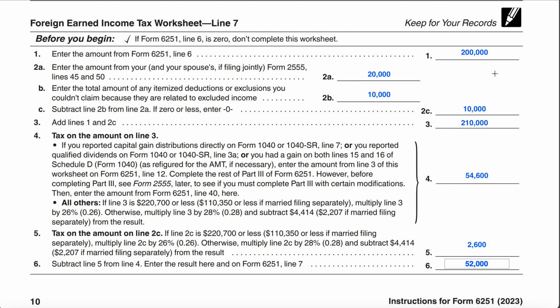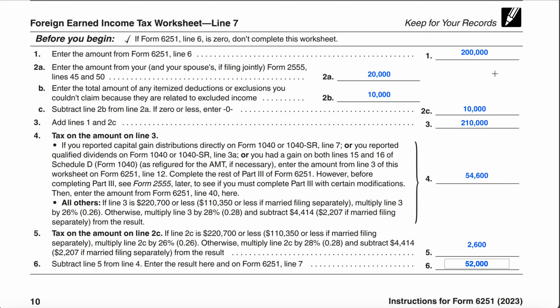In line 2A, we're going to enter the amount from our taxpayer's Form 2555, both lines 45 and 50. Line 45 represents the housing exclusion and the foreign earned income exclusion minus any deductibles that were allocable to the excluded income.